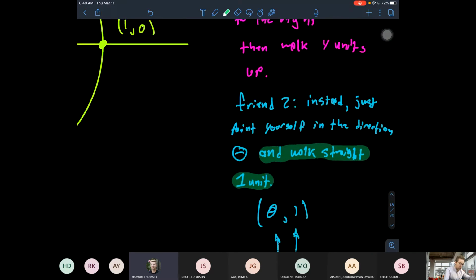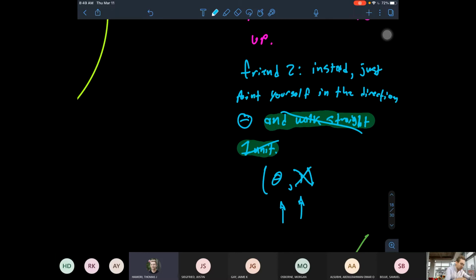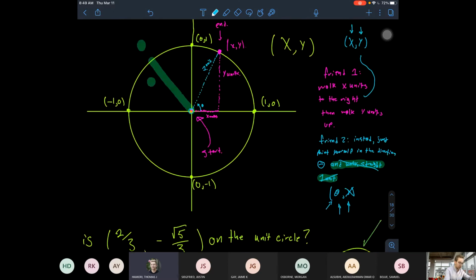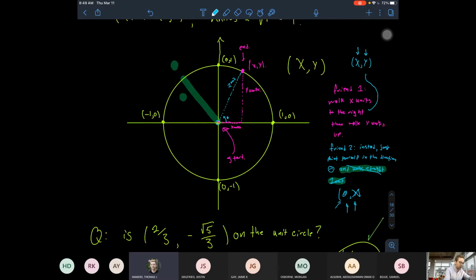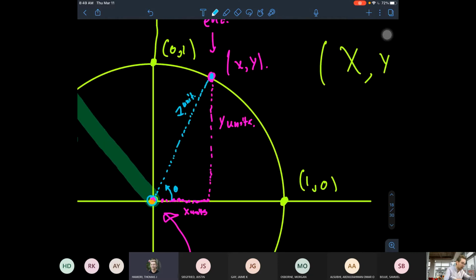So walking straight 1 unit is sort of implied by the fact that we want to end up on the unit circle. So we can omit this part, and we can omit the 1 here, and instead just say, turn yourself theta degrees and then go until you hit the edge of the unit circle. So the only direction that friend 2 really needs to give me in order to get to this point on the unit circle is just, in which direction should I start facing?